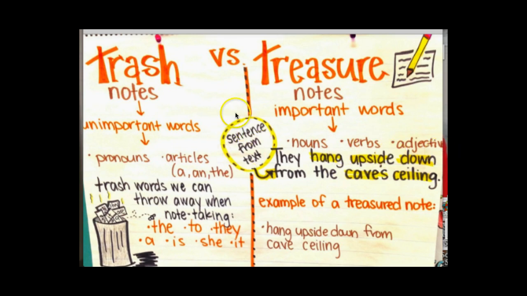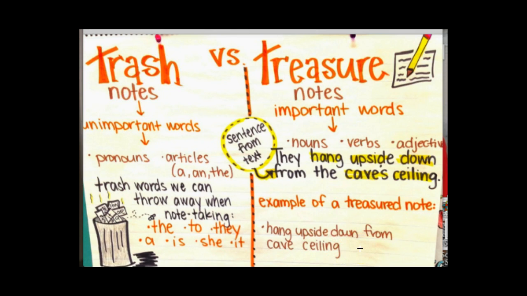For instance, if the sentence from the text says, they hang upside down from the cave's ceiling, then you can see where the expert took the important words, the treasure words, and made notes about those. So an example of a treasure note is hang upside down from cave ceiling.